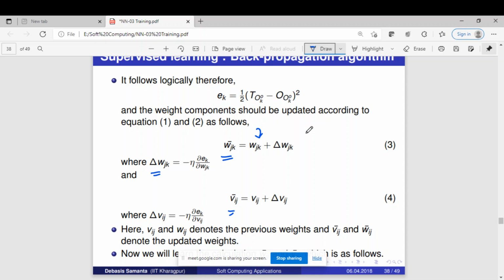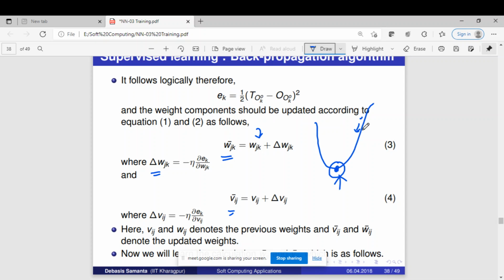If this is the point, we are moving from here to here. We are considering a minimization problem, not maximizing. The optimal solution is available at the minimal point, at the global minimum.